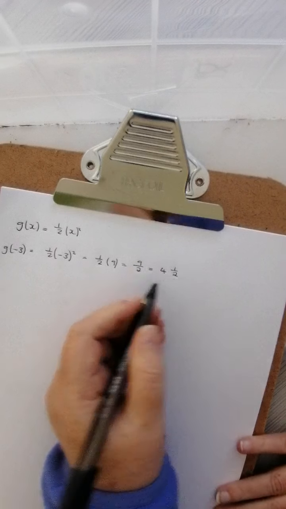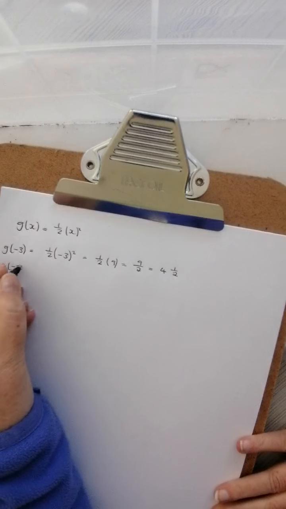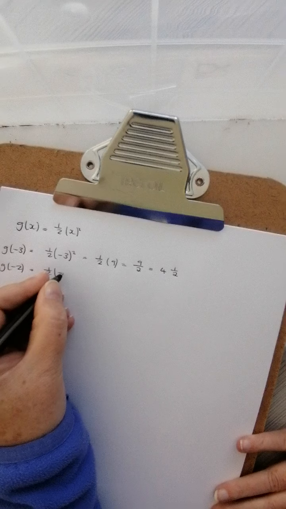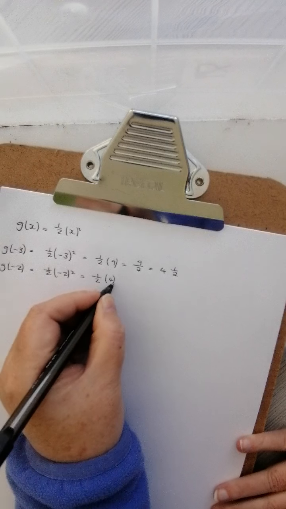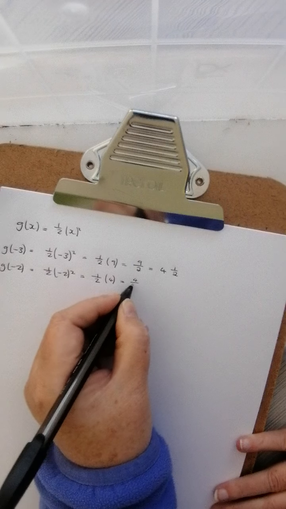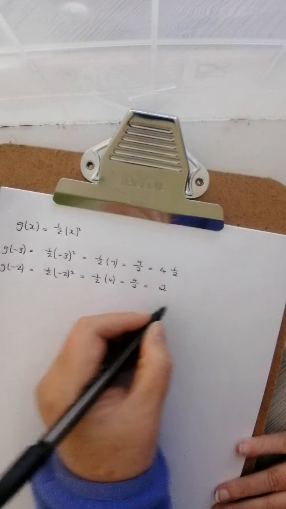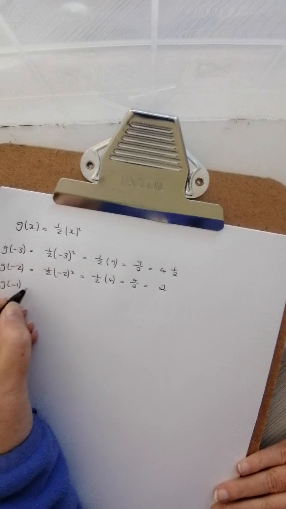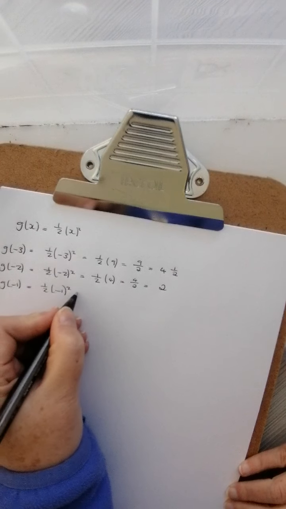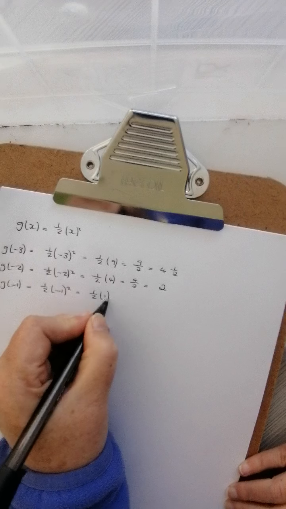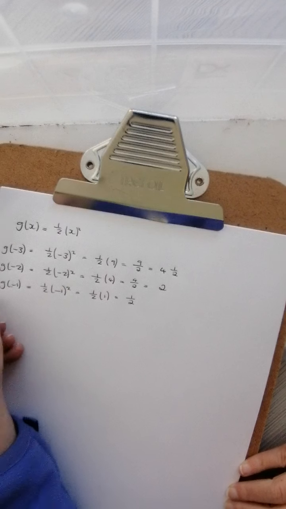Right, g of minus 2 is a half times 4, which is 4 over 2, which is 2. G of minus 1 is a half times minus 1 squared, which is a half times 1, which is a half.